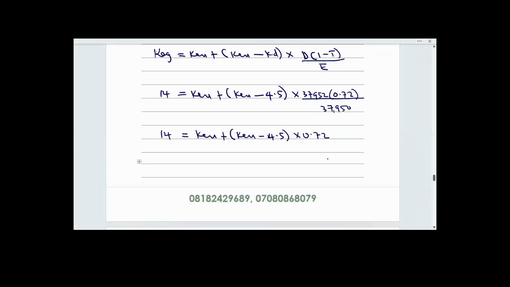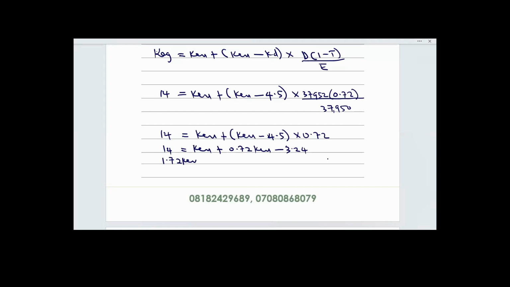I would then say 14 equals KEU plus 0.72 KEU minus 0.72 multiplied by 4.5. That's 3.24. So you collect like terms. So here will be 1.72 KEU. KEU, this one is 1 plus 0.72. That will be 1.72 KEU.